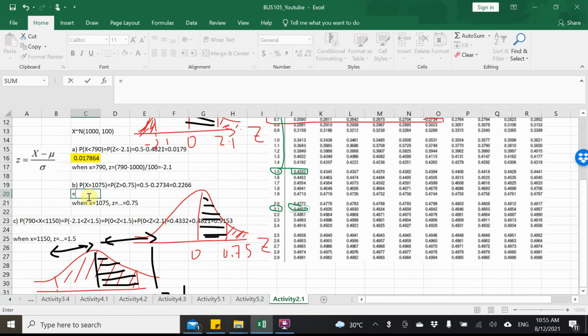You need to understand the whole area under the probability curve is 1. So we can use 1 minus the left tail that is given by our Excel function, normal distribution. Then we write the x value, the mean, and the standard deviation, and that's it.